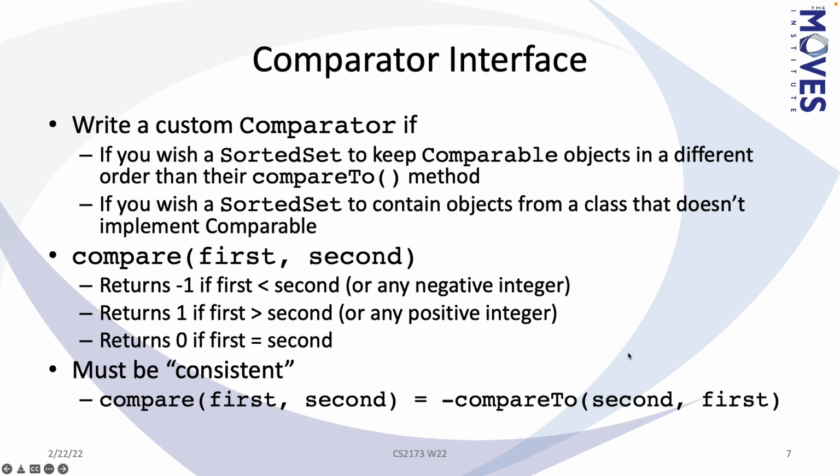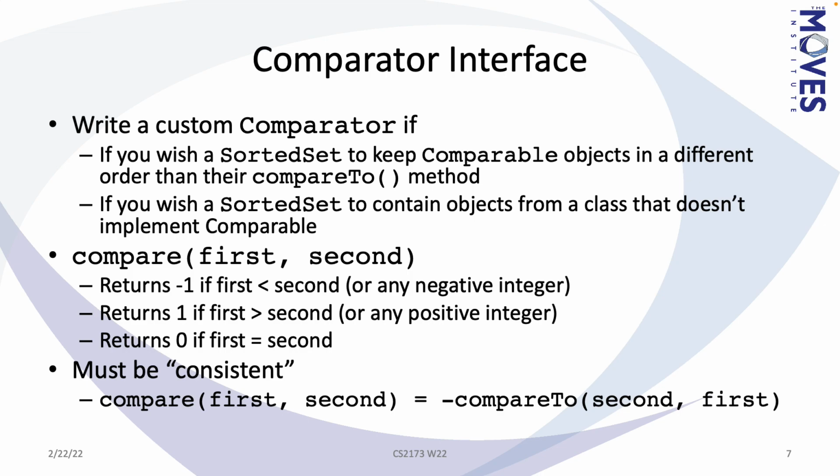Okay, so let's get to that interface called Comparator. There are two reasons why we might want to implement a class that implements the Comparator interface. The first is, we might have a comparable class, but we want to keep the objects in a different order.